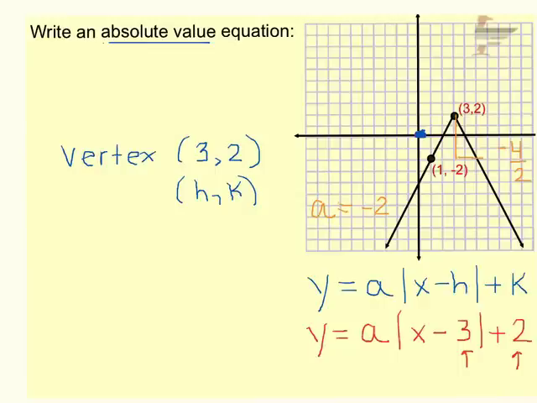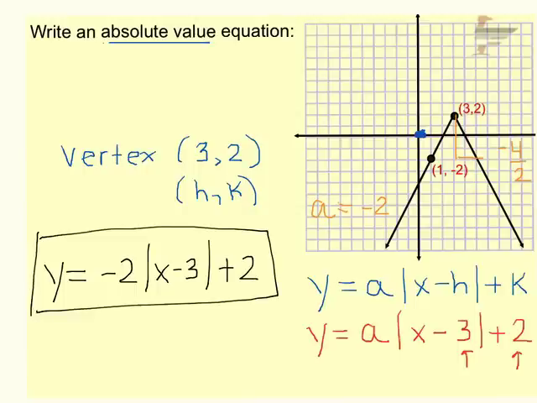So you can always go to the right and it should work out for you, but please understand that shortcut, that A is like slope, is really just to help you get that final equation. So my final equation, now that I know A is negative 2, and I knew my h and k already, is done deal. So these should be pretty simple. Worst case scenario is if you can't actually count out the slope, then use the slope formula between these 2 points to figure out what A is, because it will always work exactly like slope.